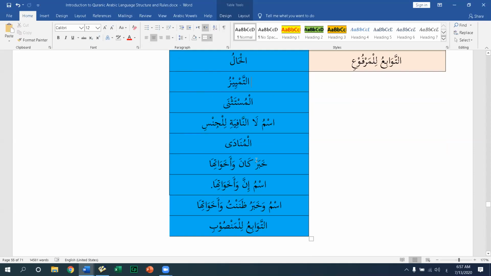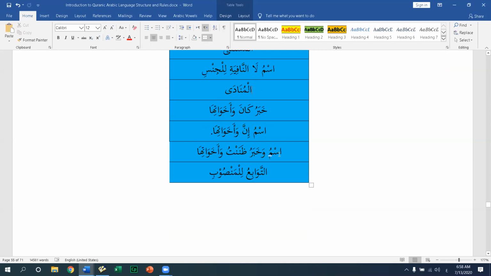التمييز differentiating. المستثنى exception. اسم لا النافية للجنس. لا النافية للجنس. We had mentioned that before, but we'll repeat it. The ism of it, that is originally the مبتدا, is منصوب. المنادى, the thing that is called, خبر كان وأخواتها.